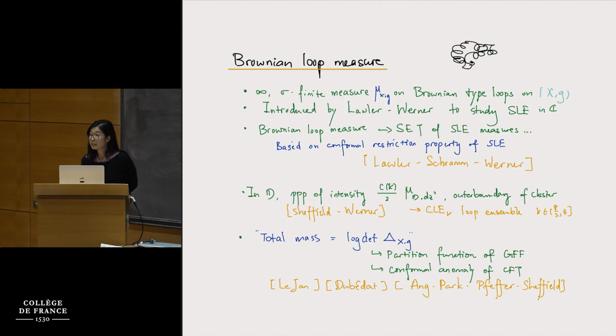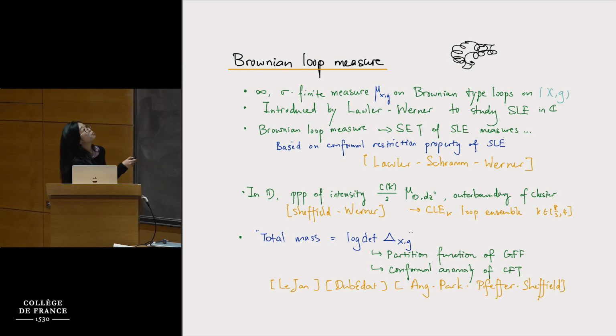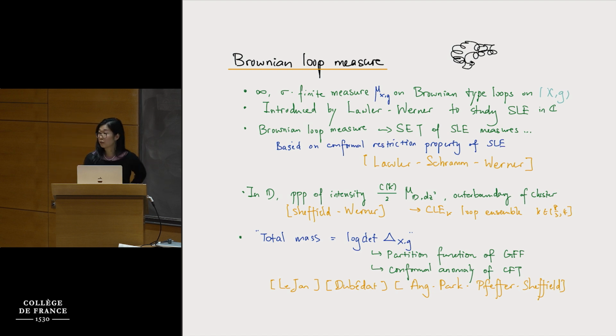And more precisely, the Brownian motion that we're going to use is the so-called Brownian loop measure. The Brownian loop measure is an infinite but sigma-finite measure on Brownian type loops on a Riemannian surface. I will come back to the more precise definition here, just giving you a background of where you see them.